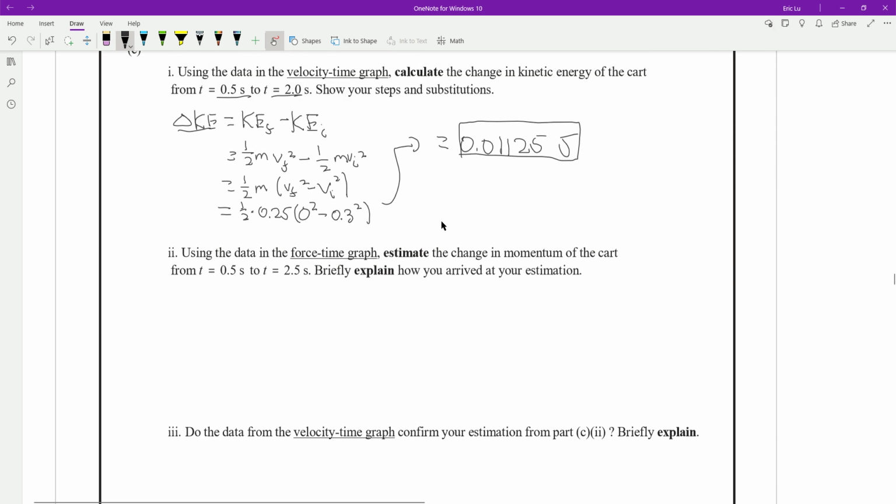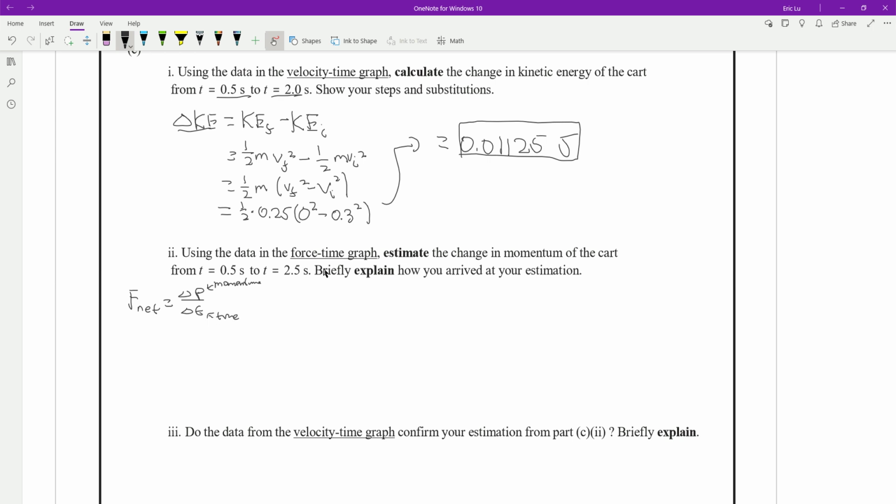Using data in the force time graph, estimate the change in momentum of the cart from t equals 0.5 seconds to t equals 2 seconds. So 2.5 seconds. So pulling out my equation sheet, I can recall that there is an equation that relates the change in momentum to the force. And that formula is F net equals delta P over delta T, where P is momentum and T is time.